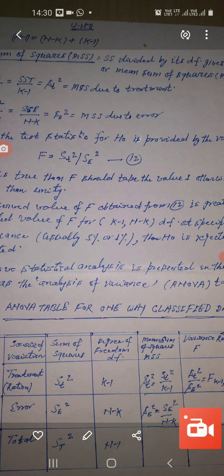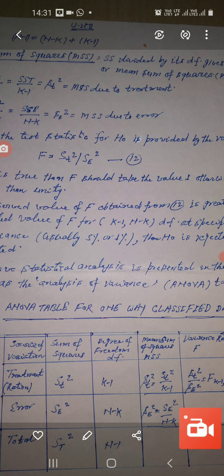So this is very simple, and this is very important: analysis of variance. Generally 11 marks are allotted, 8 marks questions and 3 marks questions.